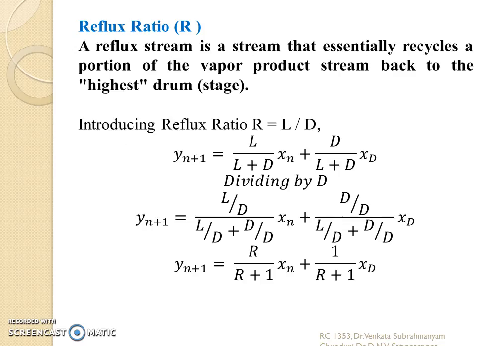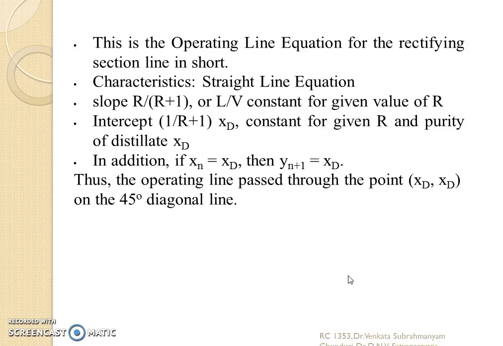You can write this using the term reflux ratio. Introducing the reflux ratio, R = L/D. Then Yn+1 = L/(L+D) Xn + D/(L+D) XD. After simplification, we get Yn+1 = R/(R+1) Xn + 1/(R+1) XD.